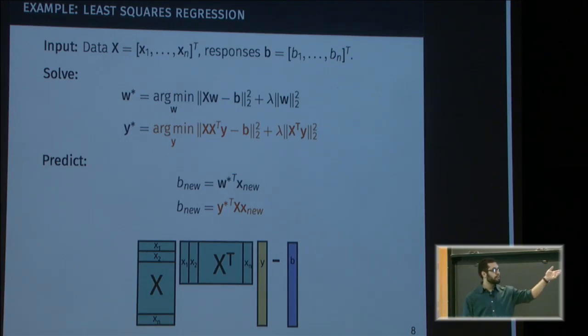So I can just reparameterize the problem and minimize over those n-length vectors y instead of the d-length vectors w. And now you can see that solving this minimization problem just involves the matrix x times x transpose, which you can write down if you can compute all of the pairwise dot products between rows in X. Okay?